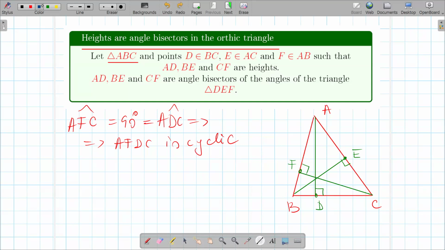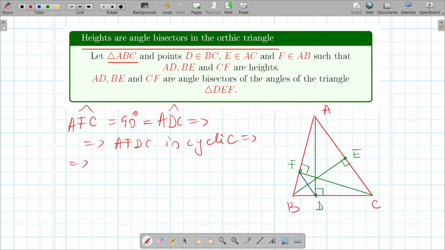And then what can we conclude further? Well, let me connect F with D here. Well, what follows actually, for example, is the fact that angle A plus angle FDC is 180 degrees.